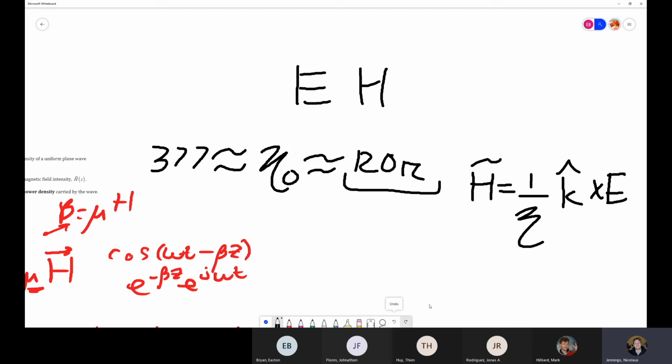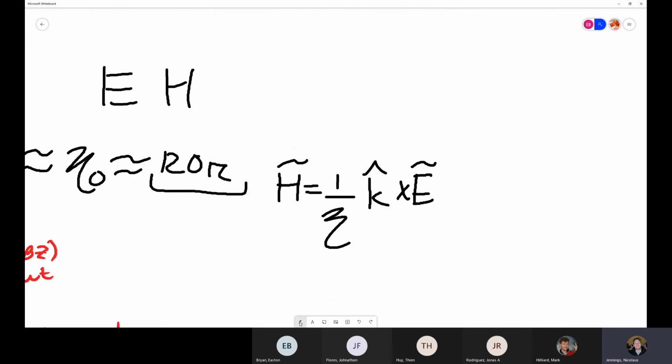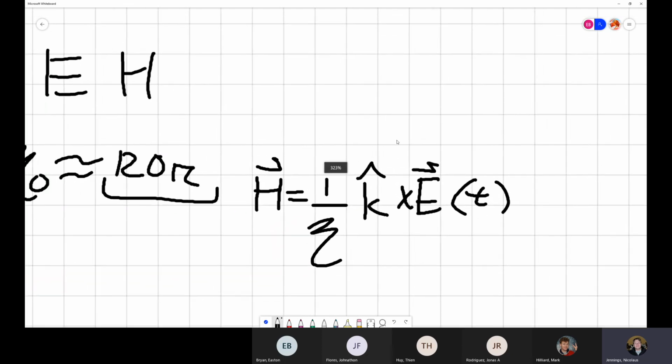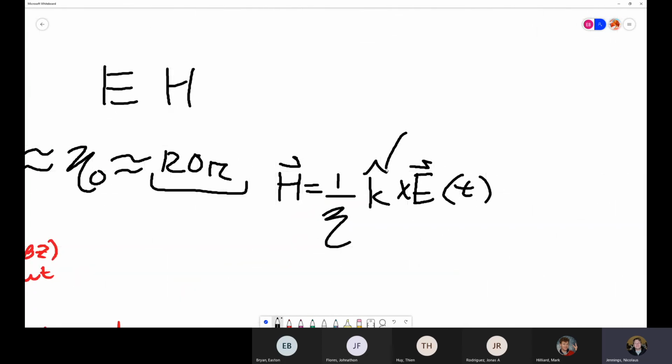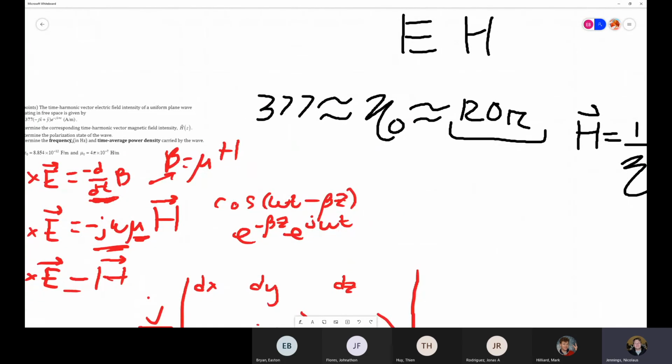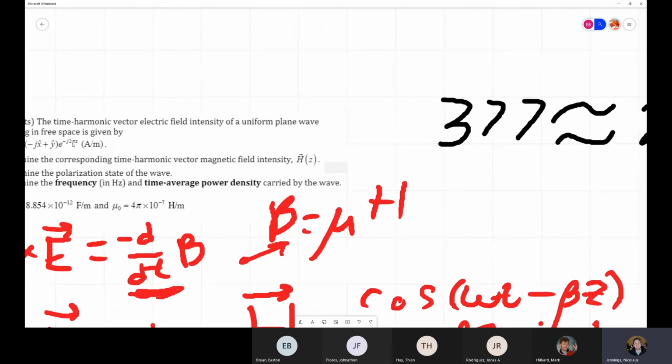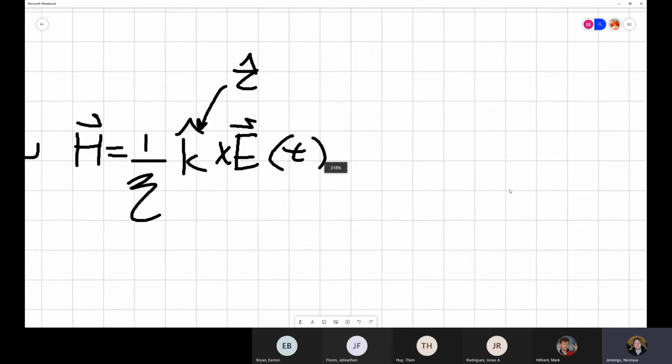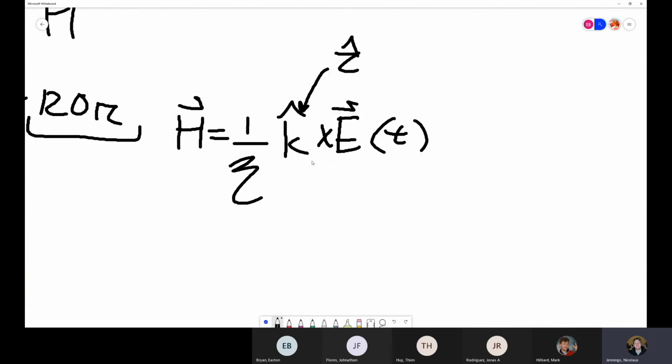Not E hat, E. Not that one, actually, excuse me. These are both wrong. These are time-dependent. And then all you would have recognized is that k is the direction your wave is propagating. In this case it's z hat, because of this right here, it says minus 2 pi j z. It's in the z hat direction. So all you have to do is compute two simple cross products.